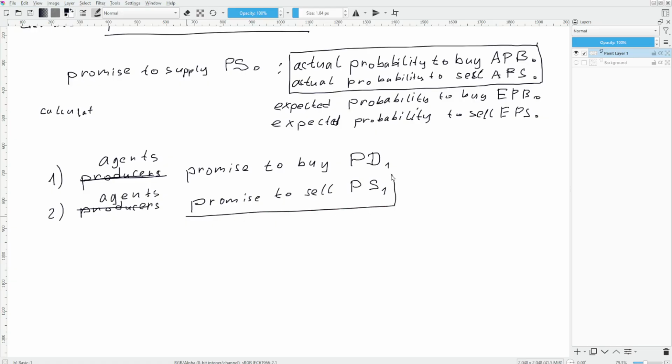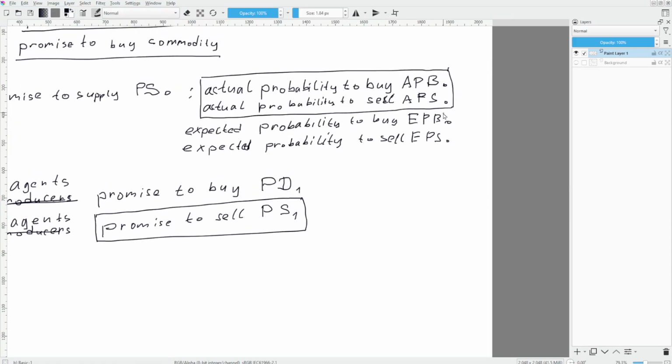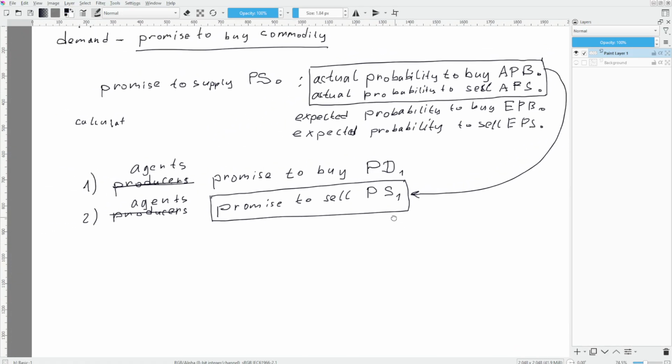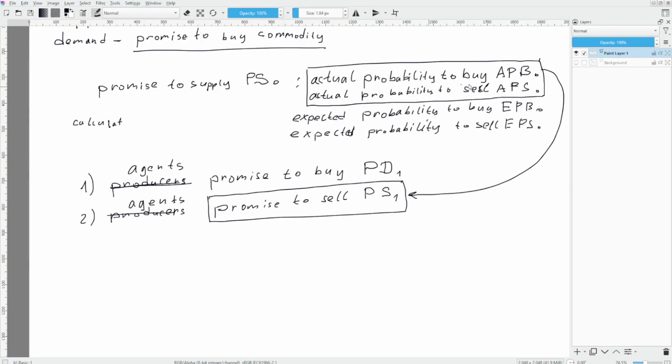To calculate this amount, we are using a value of how many goods they were actually able to buy the previous day. Actual probability to buy fits into this amount because we assume that they want to produce a certain amount of goods, and to produce this amount of goods, they need to know how many inputs they were able to buy. And this is essentially this value.